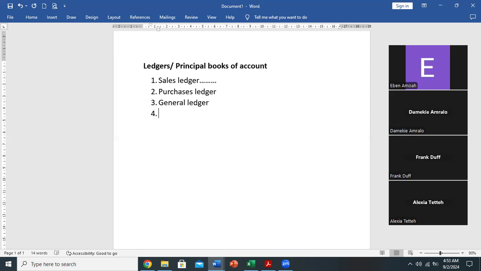Last 2 to go. Return inwards. I'm sorry, Prof. Frank. Return inwards doesn't have a ledger. It has a day book, but doesn't have a ledger, right? Cash book. The cash book, thank you. And the final one.